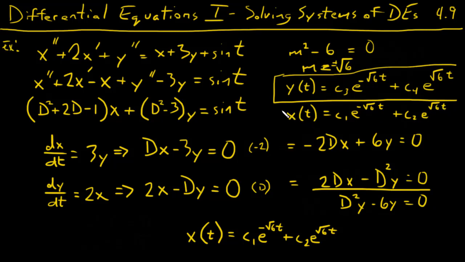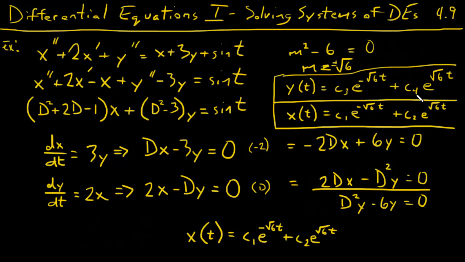Okay? So I have my two solutions here. And that's great. That's wonderful. But we have one last step. And that last step is to take care of all these constants. I've got C1, C2, C3, and C4, which is a lot.